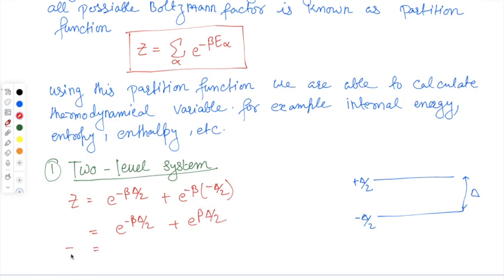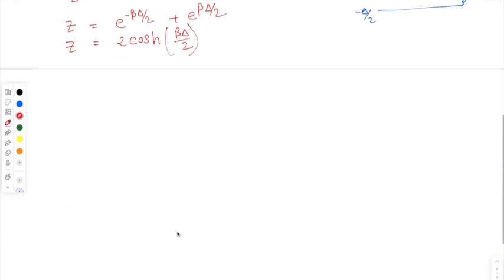And we can write this as 2 times cosh of beta delta by 2. This is simple.